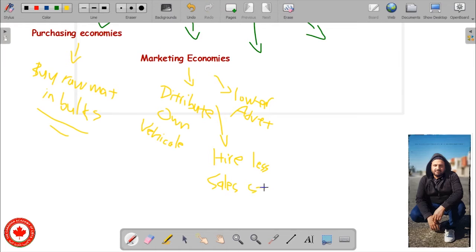Why are they doing that? Because they have money, and when they have money, they will hire skilled people. They will hire 10 sales staff compared to a small company that will hire 20. These 10 people will be very skilled.